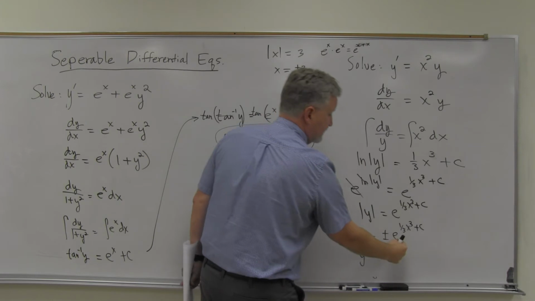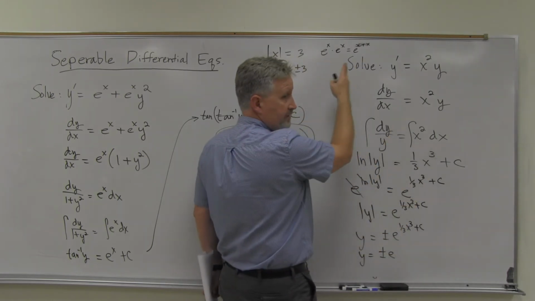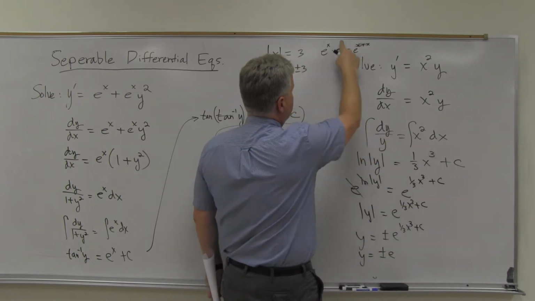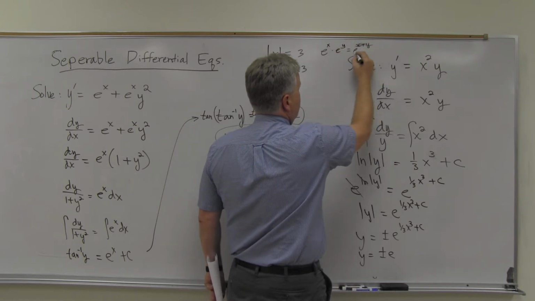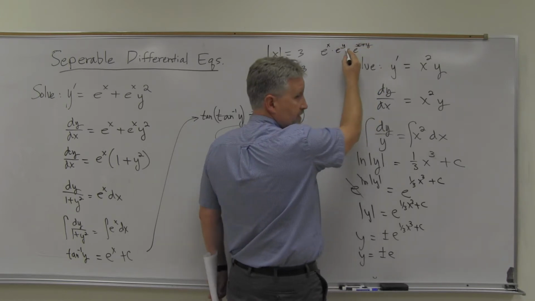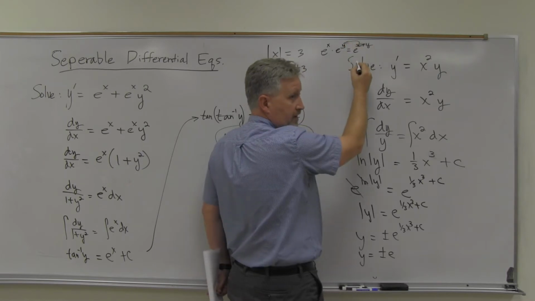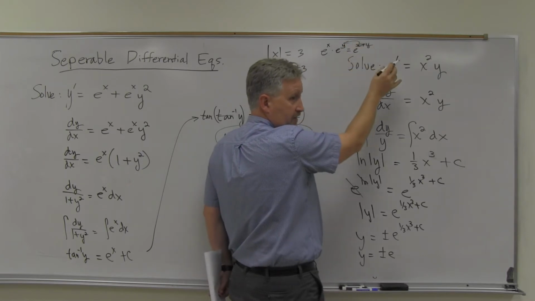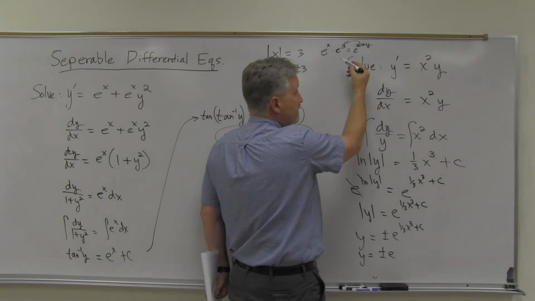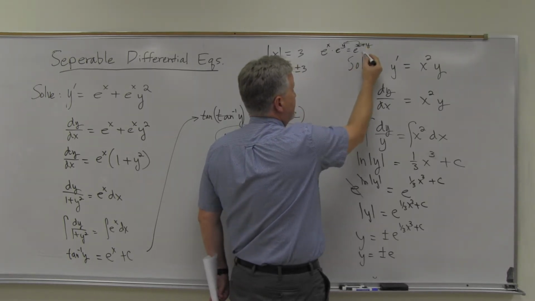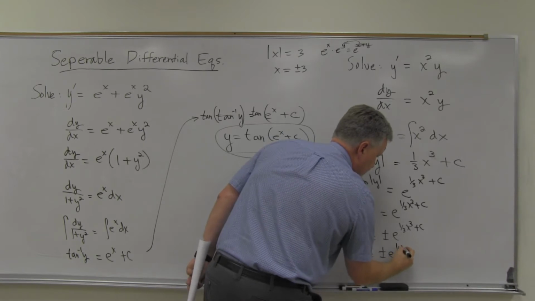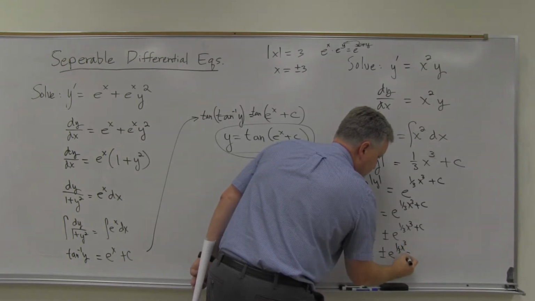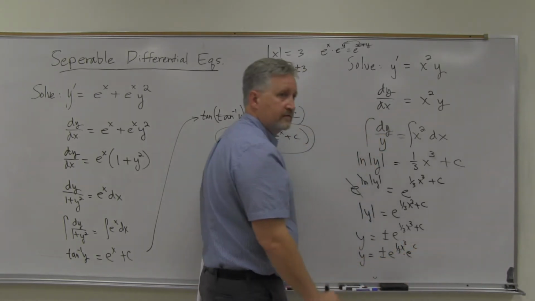Well, here we've got them added, so I'm going to split them up. So e to the x plus y is e to the x times e to the y. We're going the other way. So this is e to the 1/3 x cubed times e to the c.